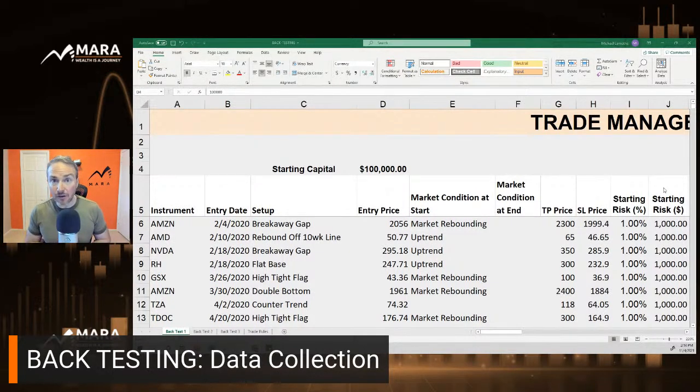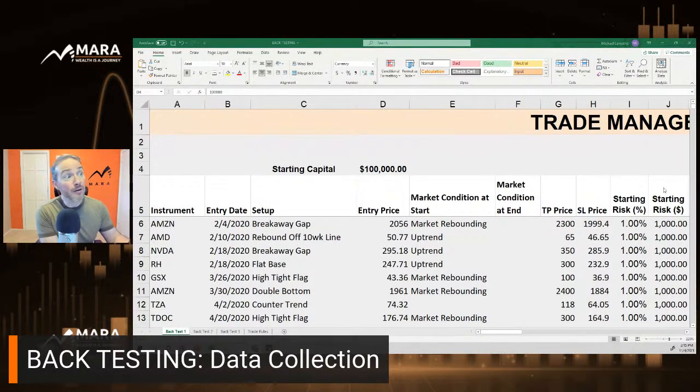I personally like to back test on trades that I've already taken because that part of the work is already done. I already know that this is what I considered, at least at the time, to be an A plus trade, or at least a quality trade that I wanted to put my real money into.